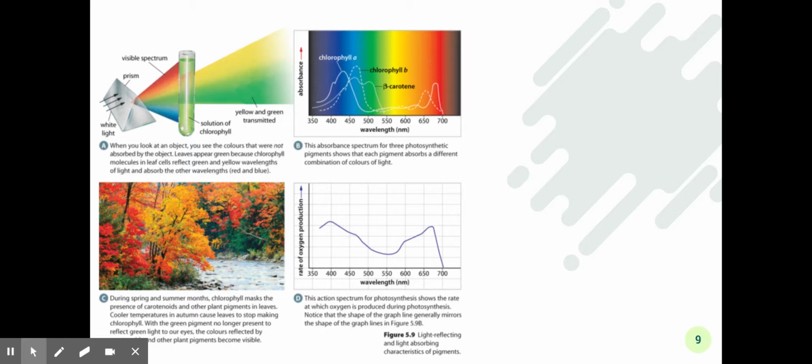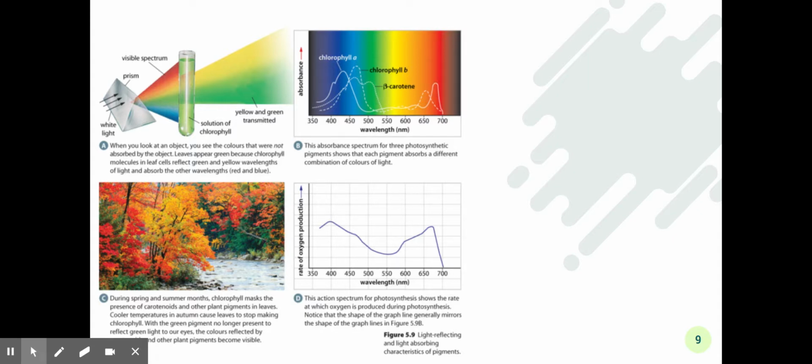So you're no longer reflecting green light and you're no longer seeing green. You start to see the other colors come through as the sunlight hits them and they absorb different wavelengths. With the green pigment no longer present, now we're going to see the reds and the yellows that the leaves would normally absorb. Now they're reflecting, and eventually they're just going to turn brown because there's not enough sunlight.